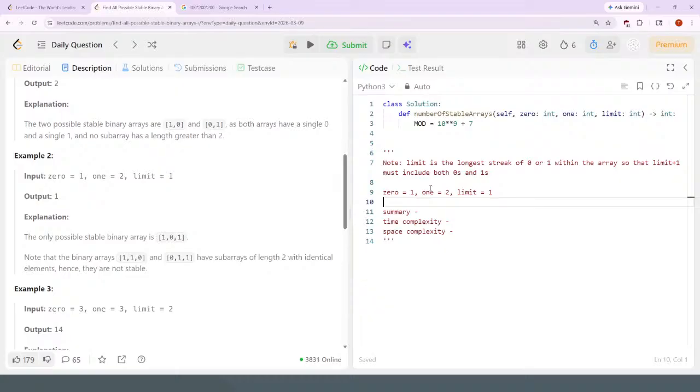I guess I can just treat zeros as blanks and just consider where I'm putting the ones. Say if I consider the zeros as blanks, I'm just considering where I put 2 ones within the length of the string, where the length is zero plus one.